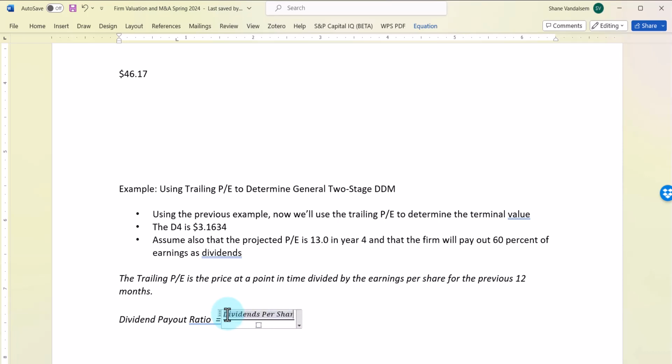And what I'm trying to get to here is the earnings per share. And I know what the dividend payout ratio is. In the problem, it says the dividend payout ratio is 60% or 0.6.